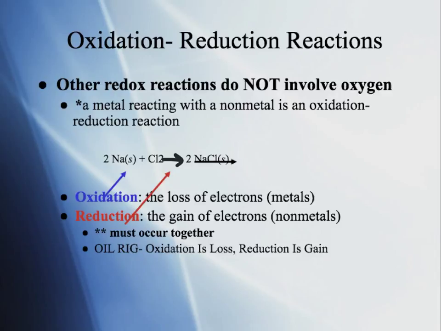So oxidation means you're losing electrons. Metals are always losing electrons, so they go through oxidation. And reduction means that you gain electrons. Nonmetals are always gaining electrons, so they're always going through reduction. Now these have to always occur together, because guess what?